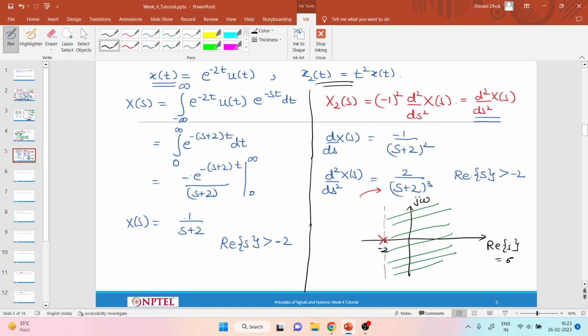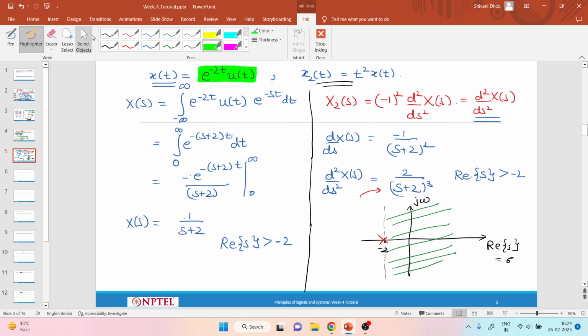Now, how this differentiation property is helping us is this signal. This signal is a very well known signal, and the Laplace transform of this is actually known, and it should be known so that we can find the inverse Laplace transform.